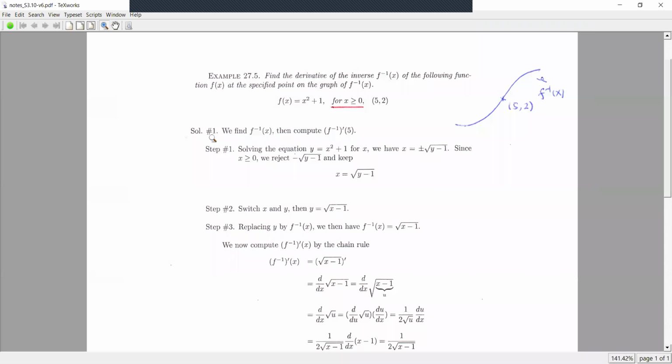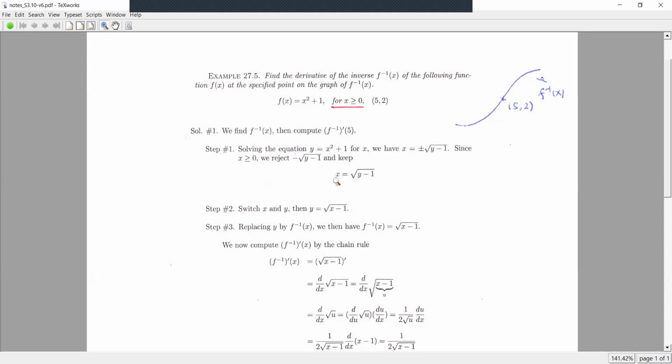Now, solution 1. To find the inverse function, step 1, solve this equation for x. Move 1 to the left side, then take the square root. Then we have x is positive or negative square root of y minus 1. Because x is non-negative, we reject the negative square root of y minus 1, and only keep this solution.